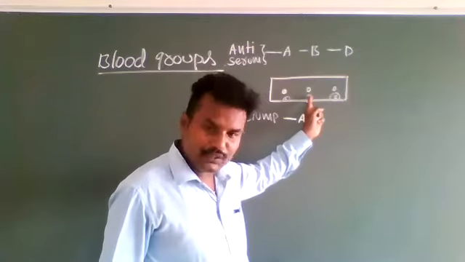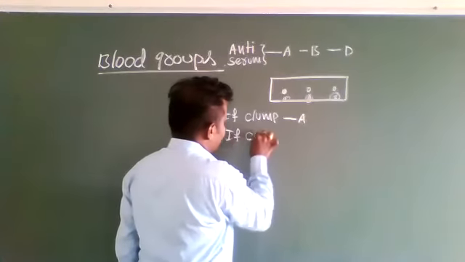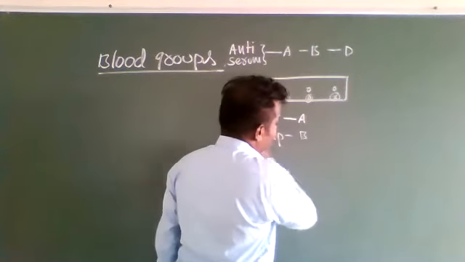If it clumps here also, the blood group is B.